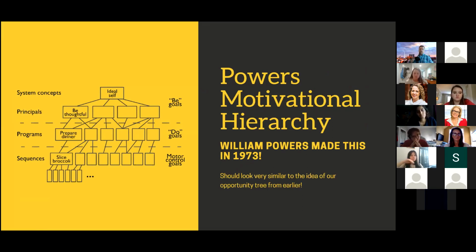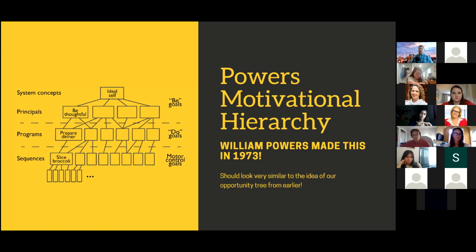And then there are the principles that guide that ideal self, like, I want to be a very thoughtful person. Then maybe the things you do to be a thoughtful person are, I'm going to cook dinner every night, I'm going to read 3 books a month. I'm going to do these things that I think help me achieve that principle.